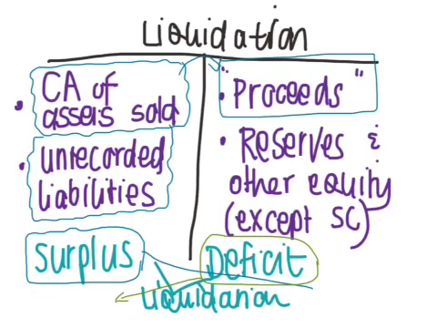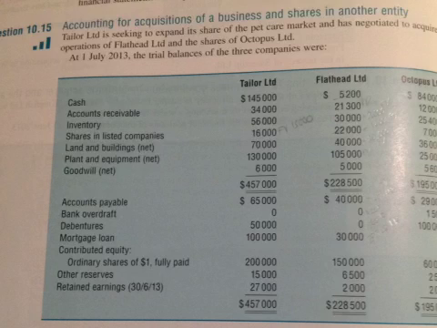Let's have a look at the question now, the scenario for question 1015, to see what information is included and how we use that. If we look at the trial balance of Flathead Limited, we first of all see the assets that are currently recorded in the accounting records. Now, cash is normally excluded from the assets that are written off to the liquidation account because the cash is transferred to the distribution account or the liquidator's statement of receipts and payments.